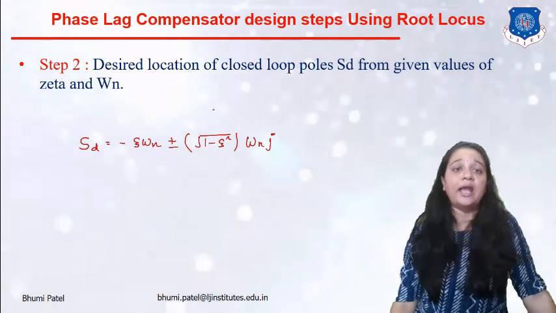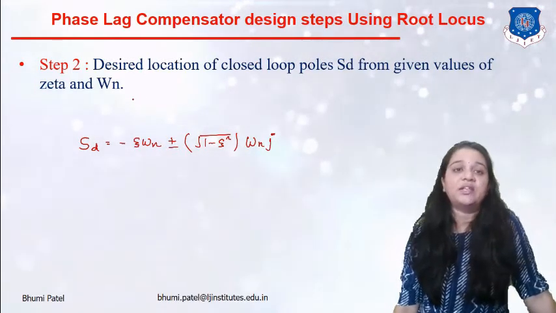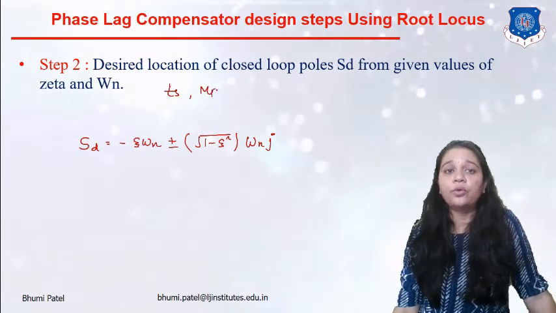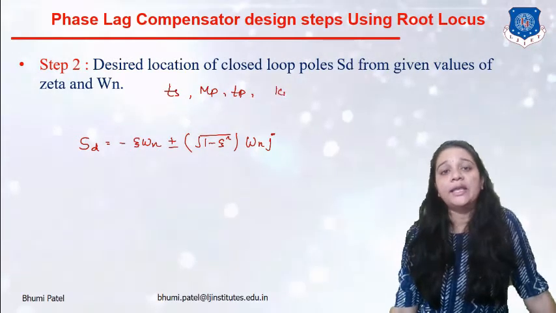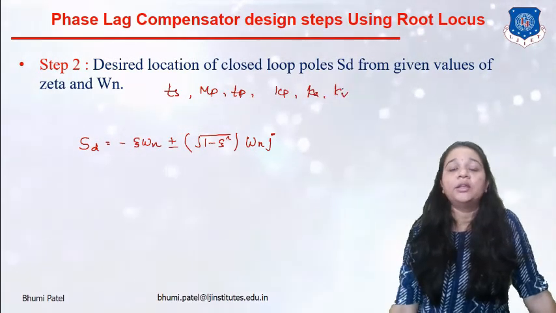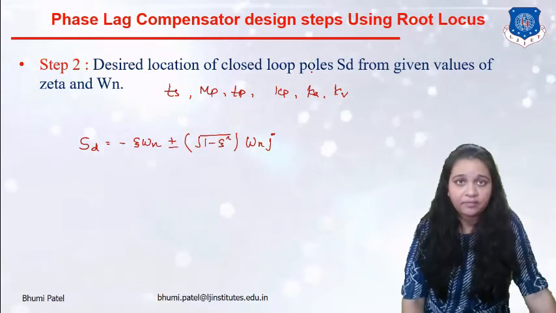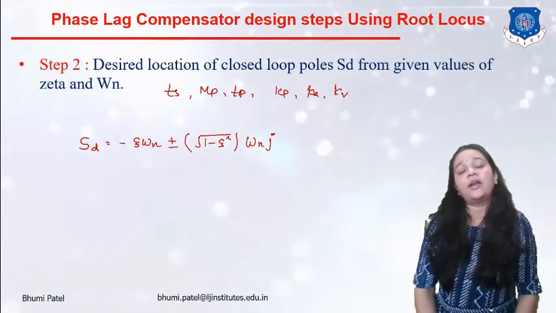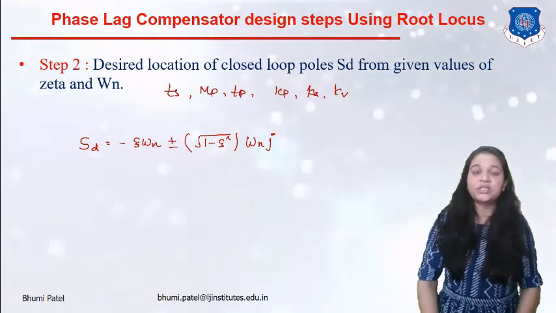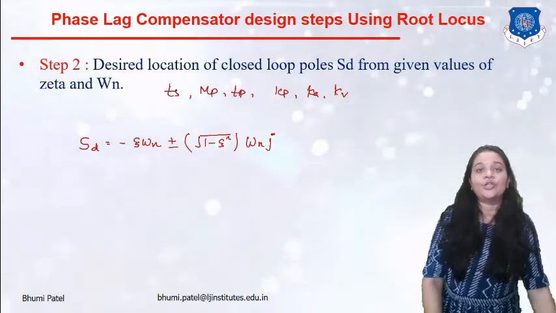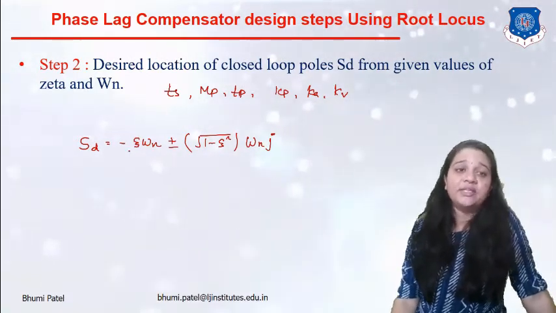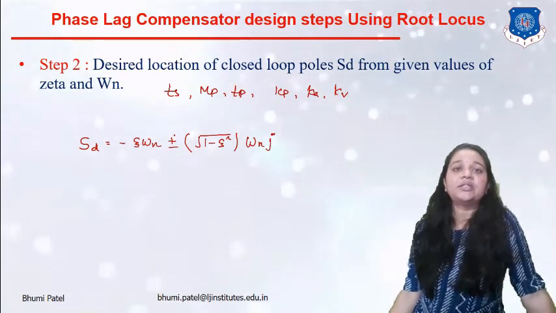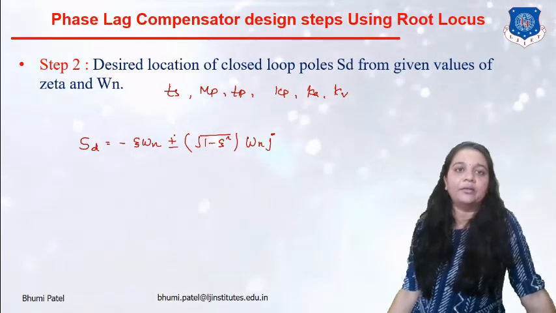Whenever the system equation is given, the settling time or the peak overshoot or the peak time, or Kp, Ka or Kv, the value is given. Using these we have to find the values of zeta and omega n, where omega n is the natural frequency of the system and zeta is the damping ratio of the system. Now using the values of zeta and omega n, we can find the sd point. So this is step number 2 of the phase lag compensator.